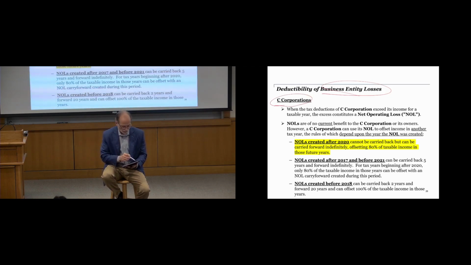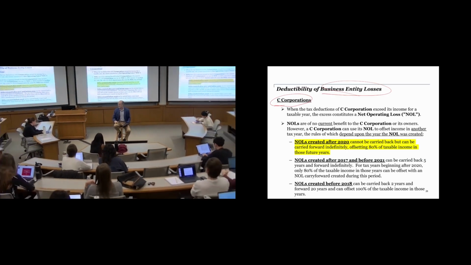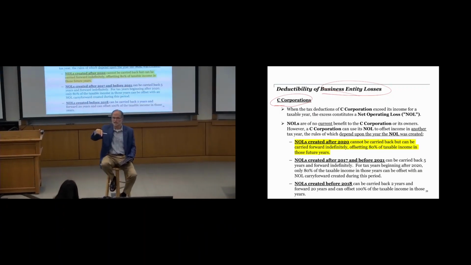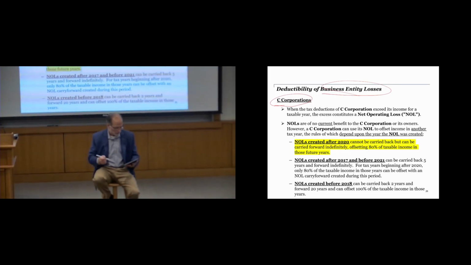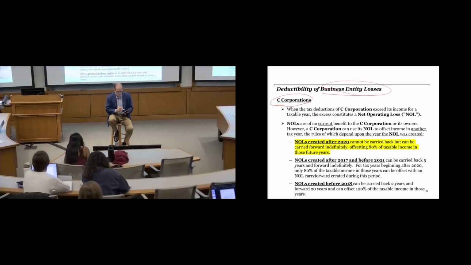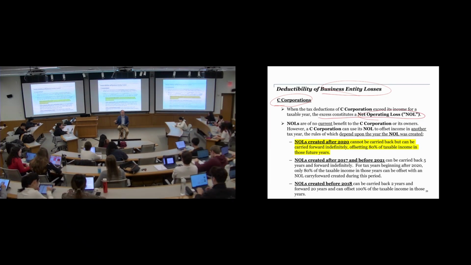So in a C corporation, automatically when I say C corporation, you're going to think separate taxpayer, right? The loss stays in the C corporation. It can't go anywhere. Separate taxpayer, right? So when the tax deductions of a C corporation exceed its income for the tax year, the excess constitutes what we call a net operating loss, an NOL.